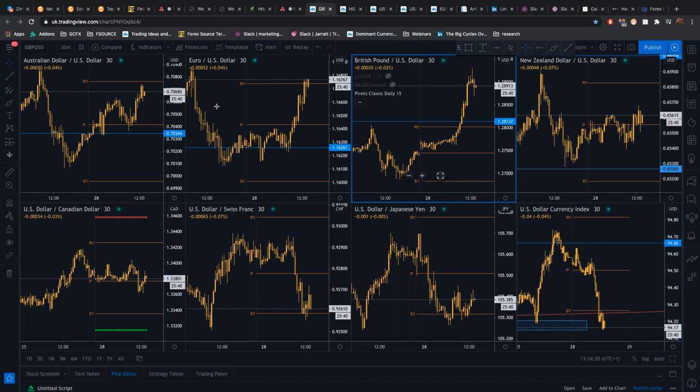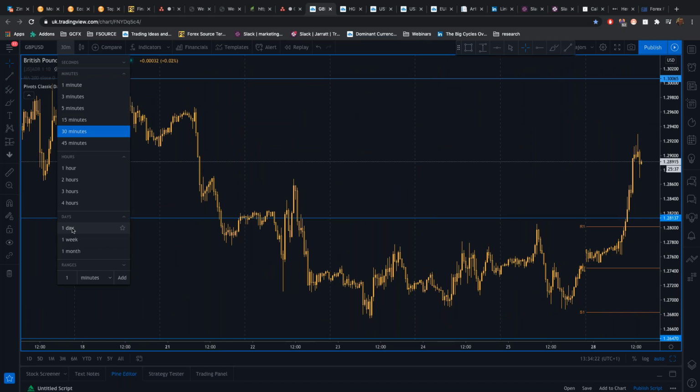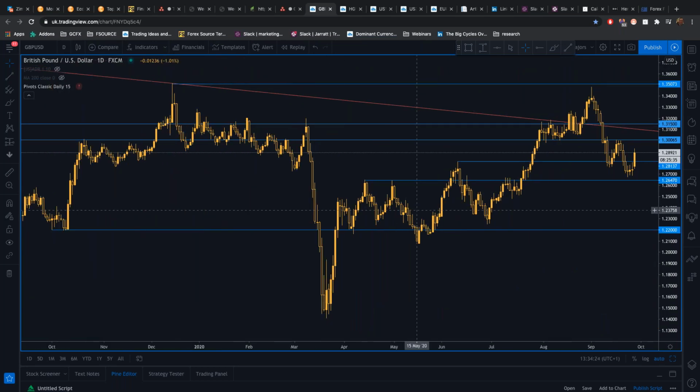The pound is an interesting one, and I want to cover it. The outlook for the pound, broadly speaking, is weak. We had more comments from the Bank of England's Tenreyro over the weekend, who saw some good things about negative interest rates, and the Bank of England is actively discussing negative interest rates.